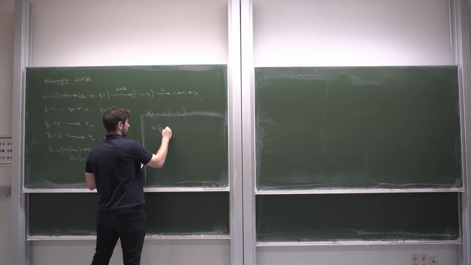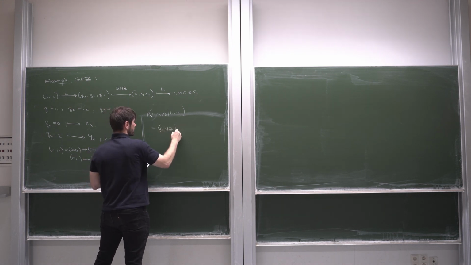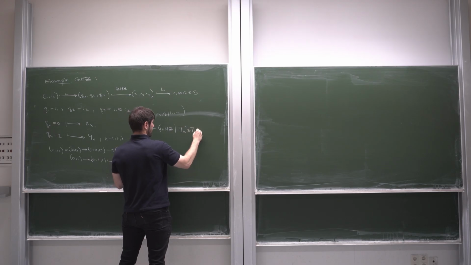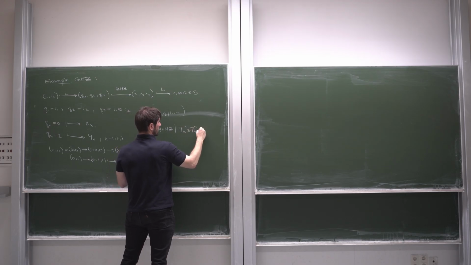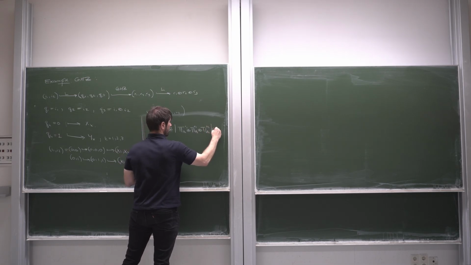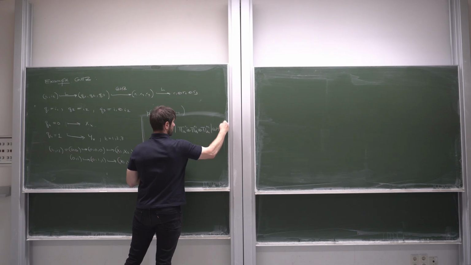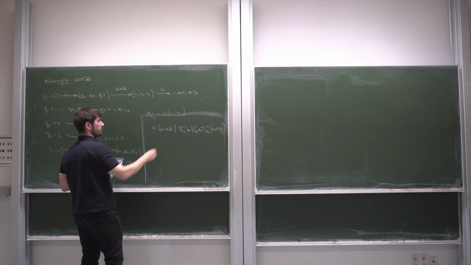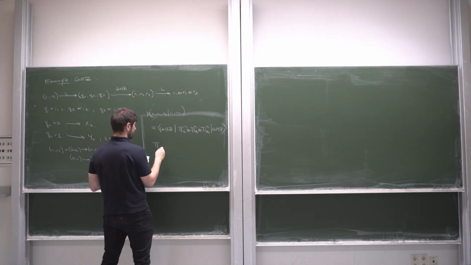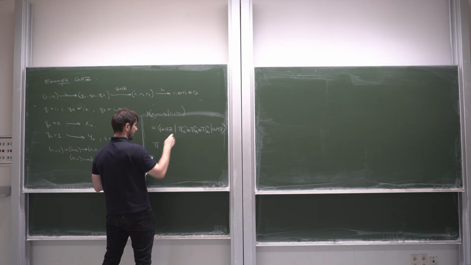through this expectation value: GHZ, pi A1 R1 tensor pi A2 R2 tensor pi A3 R3, GHZ, where this formula is the projector onto the plus or minus 1 eigenstate of the Pauli A operator.